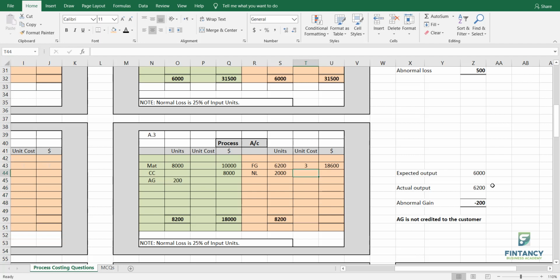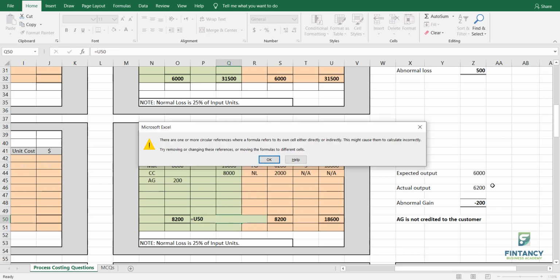For normal loss, if you remember, I told you it's not applicable. So when you total it, this becomes 18,600. Again, the credit side is more. What do you have to do? You will change this total on the debit side. You will link it like this.